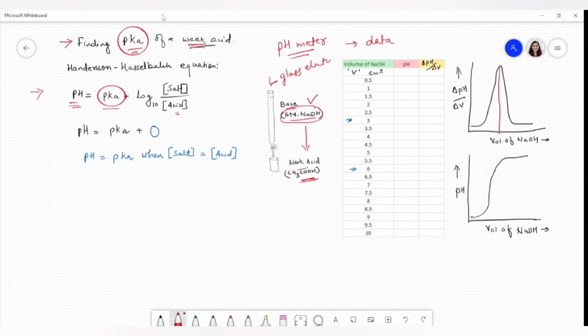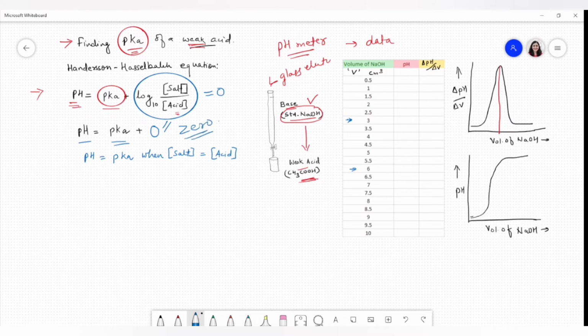So what we can do with the help of this equation is, if this value becomes 0, I can write pH is equal to pKa, because this value became 0.